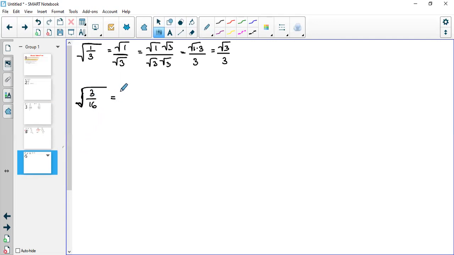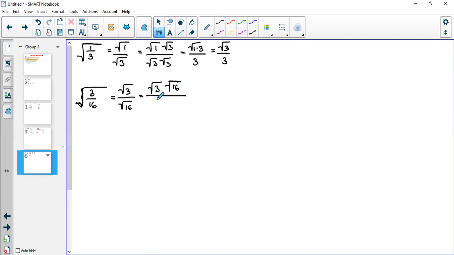So definitely you need to write it separately as the square root of 3 and the square root of 16. Separate them. Then to remove this radical sign, we are going to multiply the numerator and the denominator with the same radical. So we write this as 3 and then multiplied by 16, right?